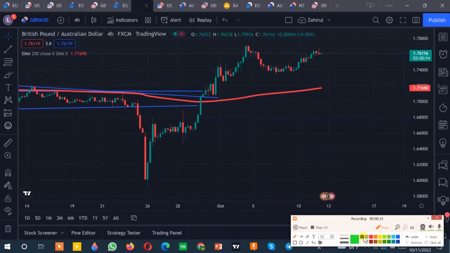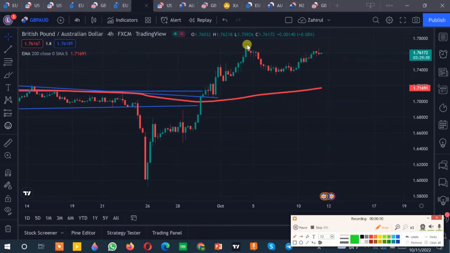From this chart, now we are finding that the 200 EMA represents an uptrend, because the market is above the 200 EMA. For this reason, we can say that this market is an uptrend market. From this uptrend market, we are searching only for buy entries.